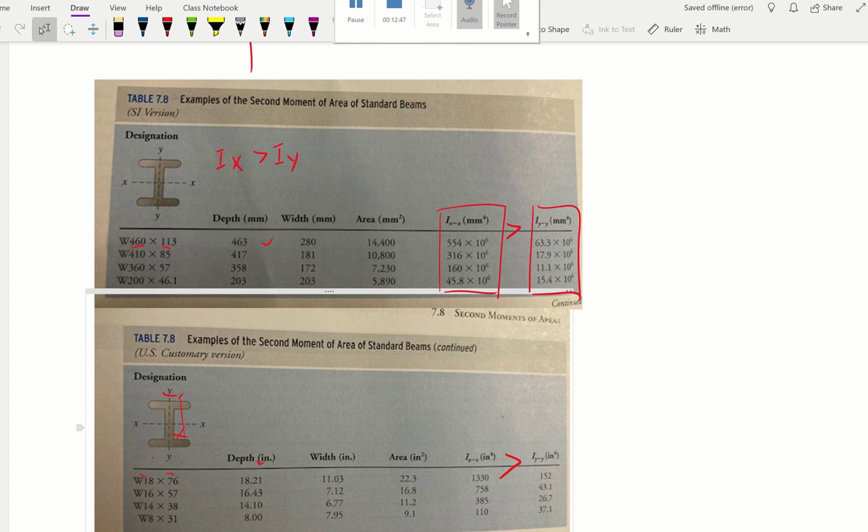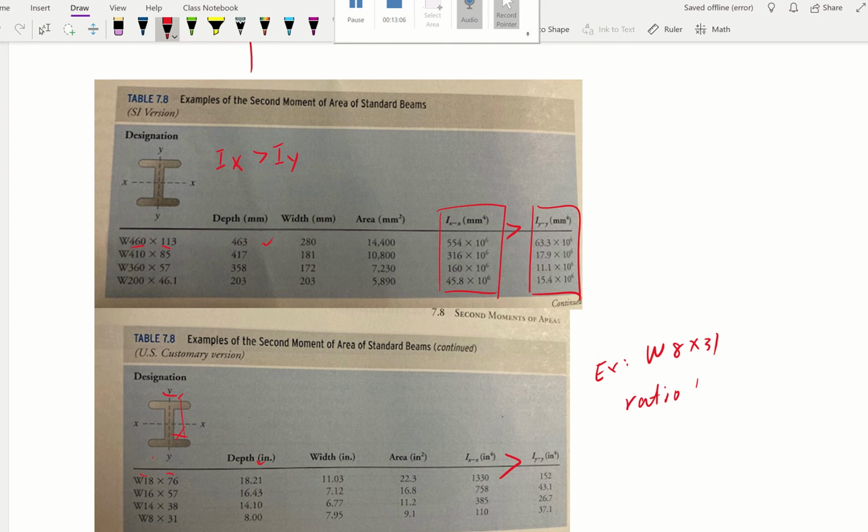All right, and if there's a simple problem, they ask you, okay, for a W8x31 I-beam, how many fold higher, or what's the ratio between IXX and IYY?